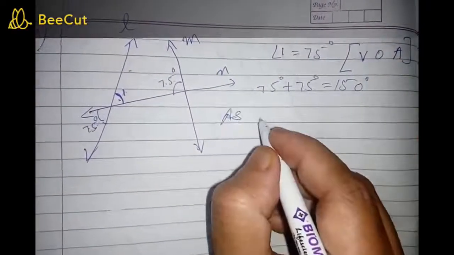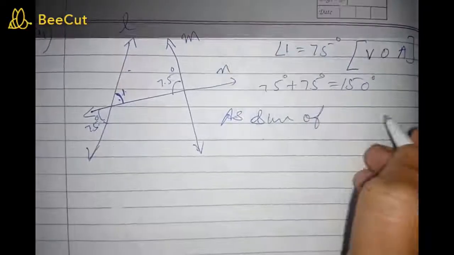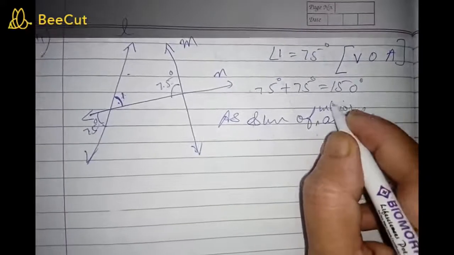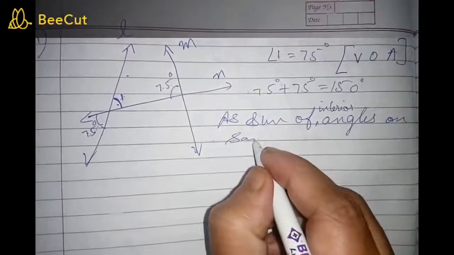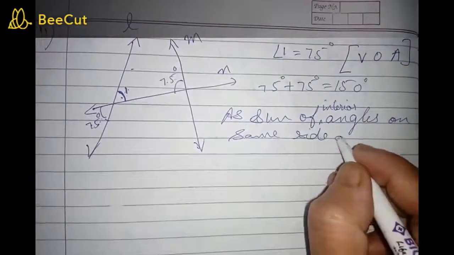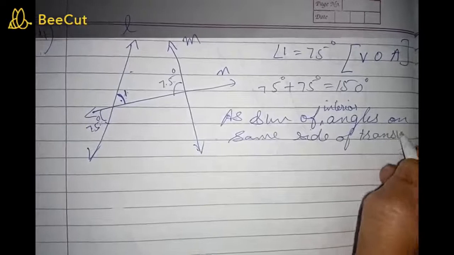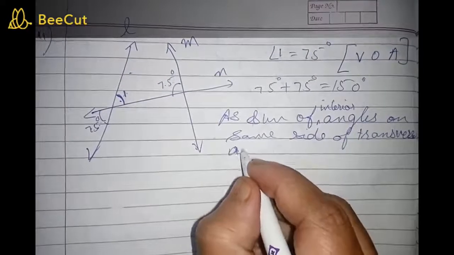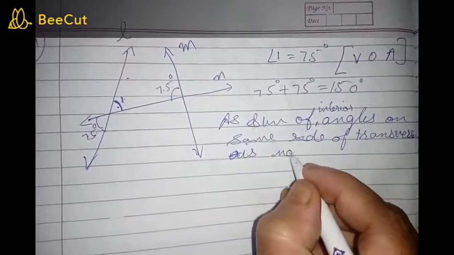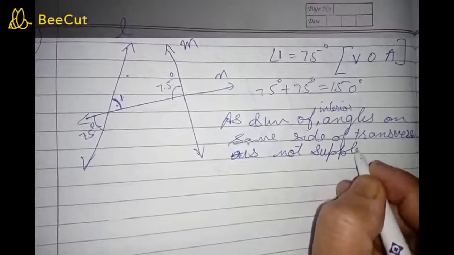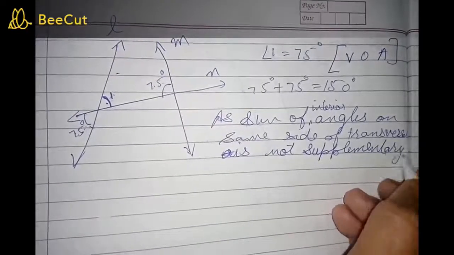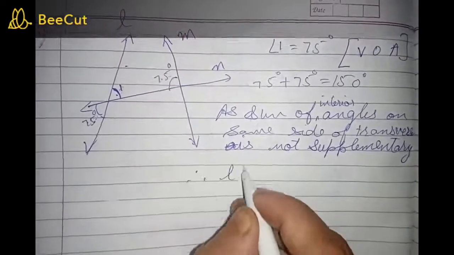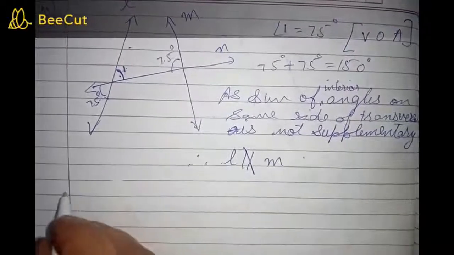Now same reason, as the sum of interior angles on same side of transversal are not supplementary or not equal to 180 degrees. You can write anything like that. The sum is not supplementary. Therefore, L is not parallel to M.